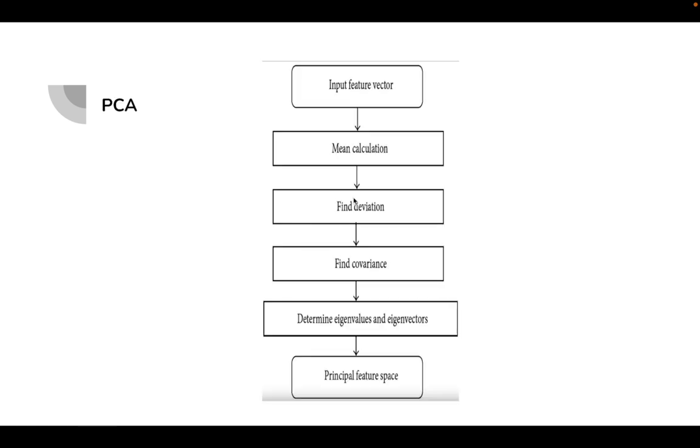So under supervised feature selection, there is a famous algorithm called PCA, which stands for principal component analysis. PCA is a statistical method normally used for data analysis and is a very useful method of feature selection.